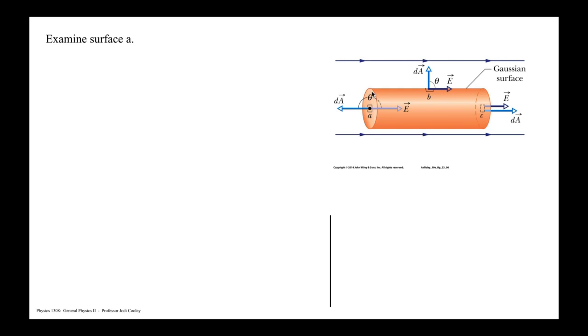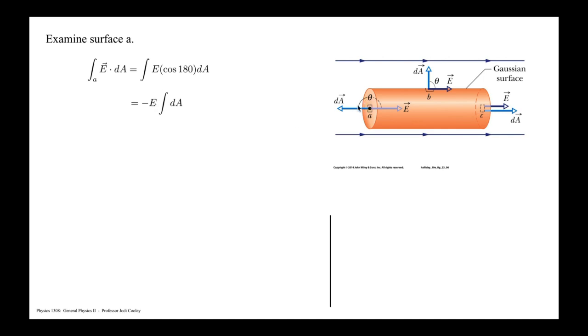So let's start by examining surface A. The integral over surface A of E dot dA is just going to be equal to E cosine of 180 times dA. Again, remember, we only worry about the component of the flux that's perpendicular to the surface. In this case, fortunately, our flux makes an angle of 180 degrees, which is nice because the cosine of 180 is -1.